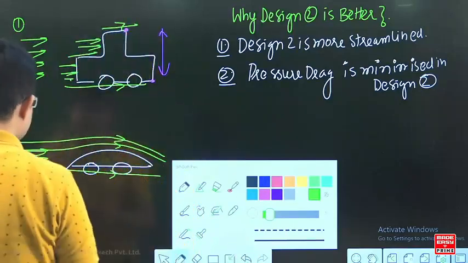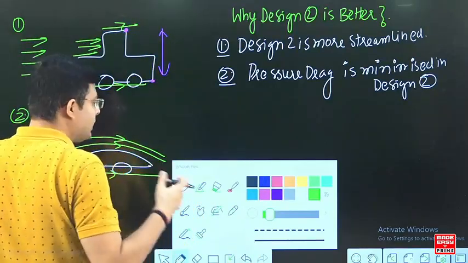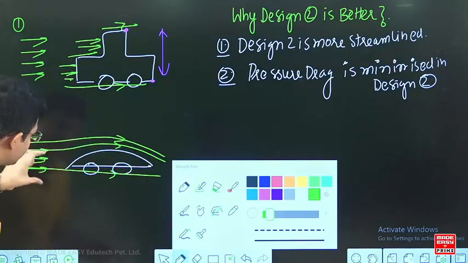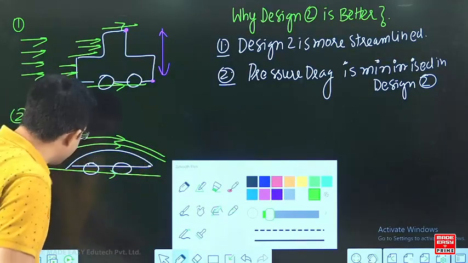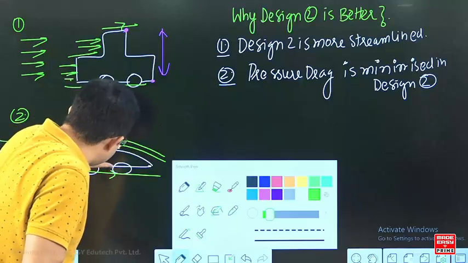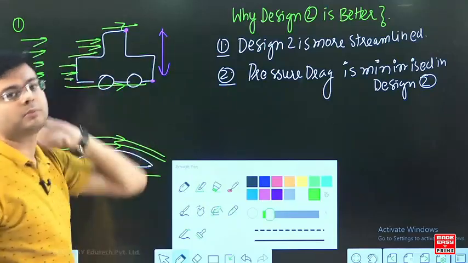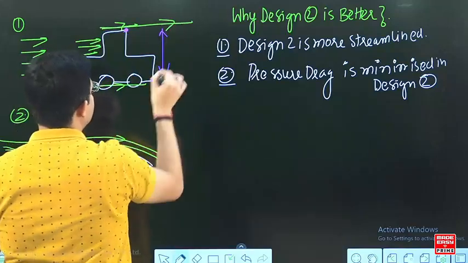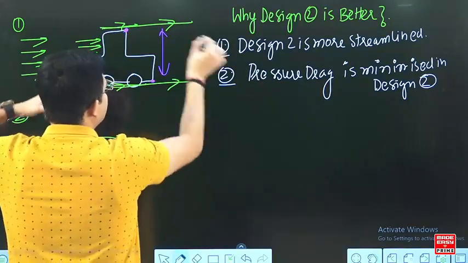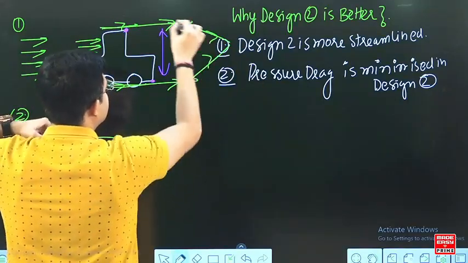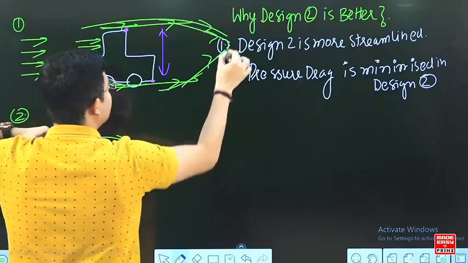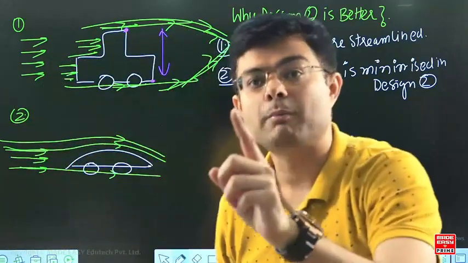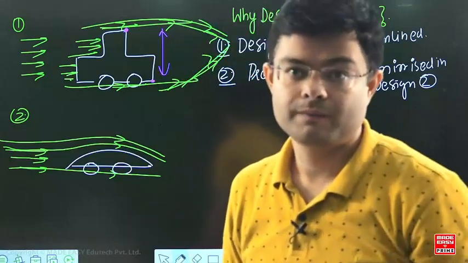So therefore the main aim of any body, a body that brings a difference in the streamlines, is that the shape of the body should be such that it also makes the streamlines come together after the body. But here you see, even after the body, the streamlines are moving like this. Of course, they will meet after a certain distance, but not just behind the body. The shape of the body is not supportive enough.